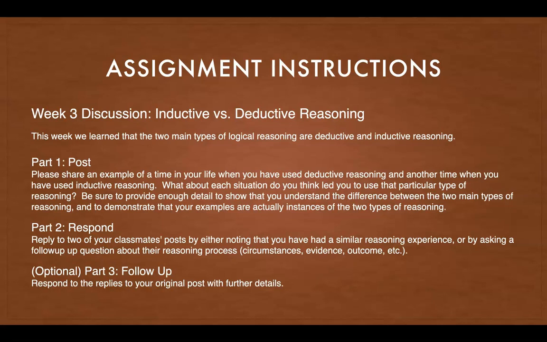So the post is provide an example, and then what about each situation do you think led you to use that particular type of reasoning? Okay. And then there's an optional part 3, follow-up, to reply to somebody that replied to yours. So in other words, continue the conversation, continue the discussion here. Okay. So those are the instructions for this particular assignment.